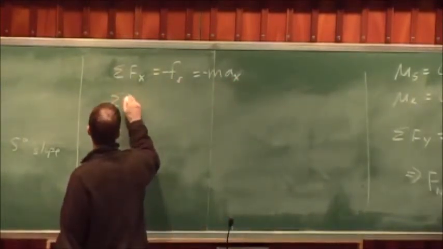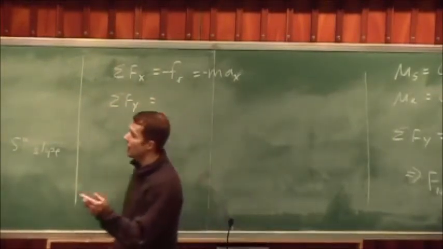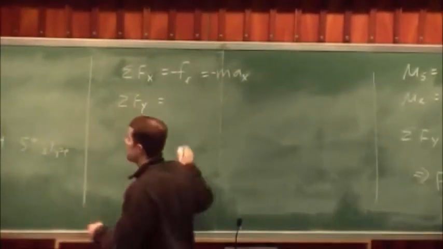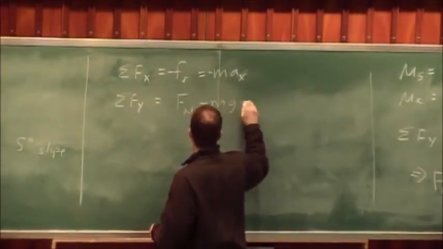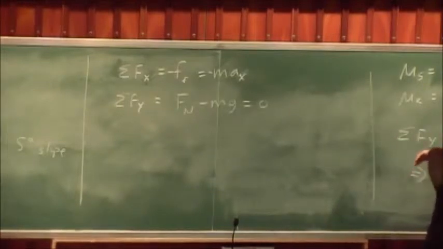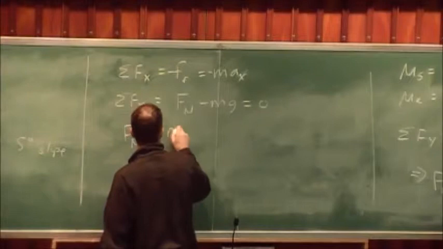Now the sum of the forces in the y. We need to find out what the sum of the forces in the y is so that we can then go back and determine what the frictional force is. So we have F normal minus mg is equal to 0. So we see that Fn is equal to mg.